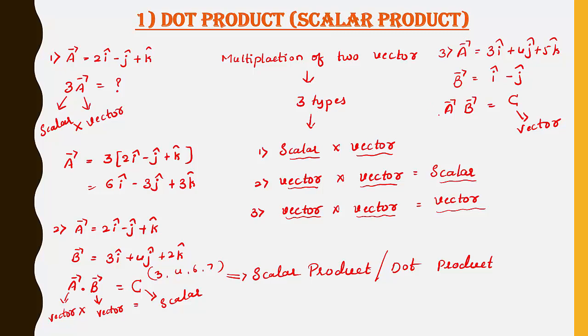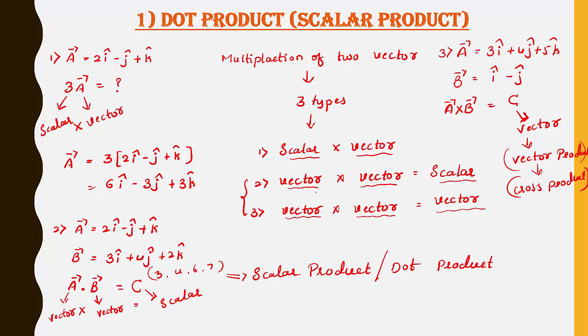So when vector A is multiplied with vector B, if the answer is a vector quantity, then we are going to call it the vector product, or we also call it the cross product, because here when vector A is multiplied by vector B, I am going to write a cross. This is the multiplication symbol for the result vector: vector A cross vector B. So this is called the vector product, or we can also call it the cross product.